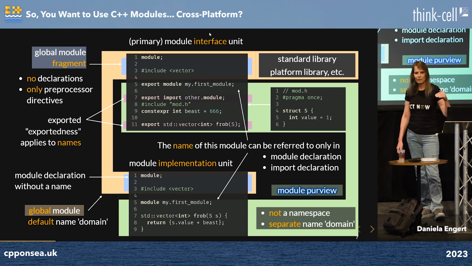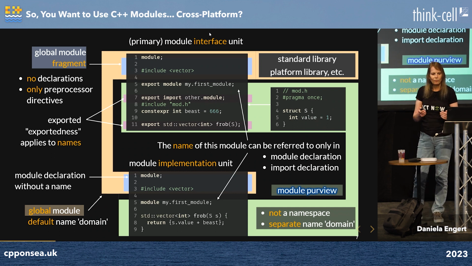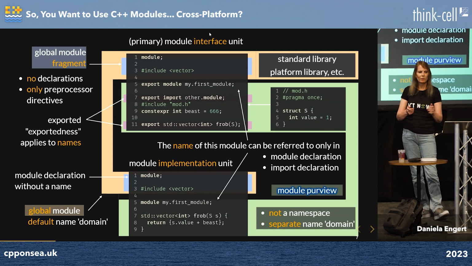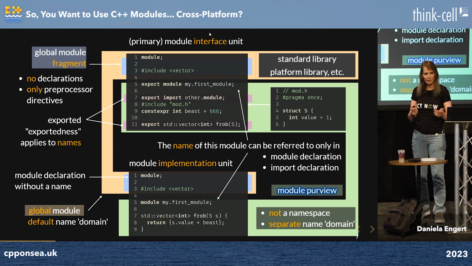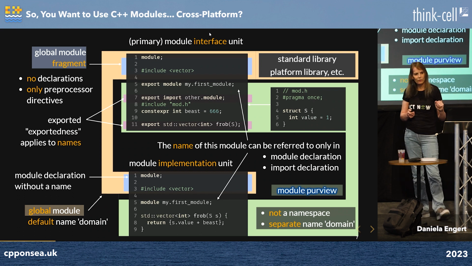Then all the pieces throughout all of these translation units that comprise a module, that start with the module declaration up to the end of the translation unit, all of these pieces form what's called the module purview. All language entities that appear within these pieces of the translation units belong to that particular module.